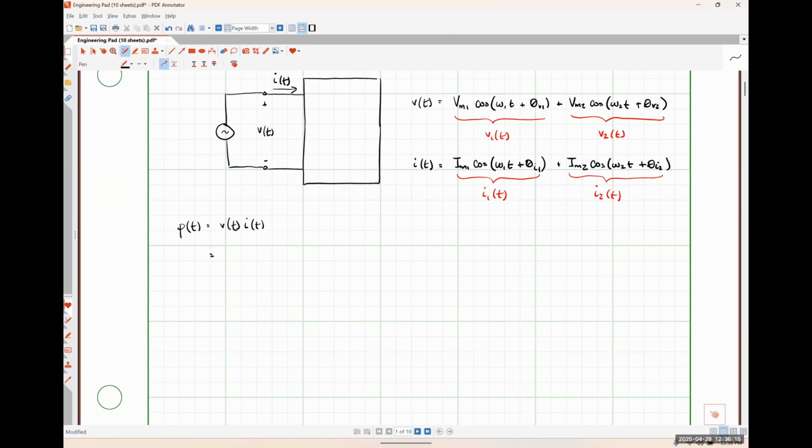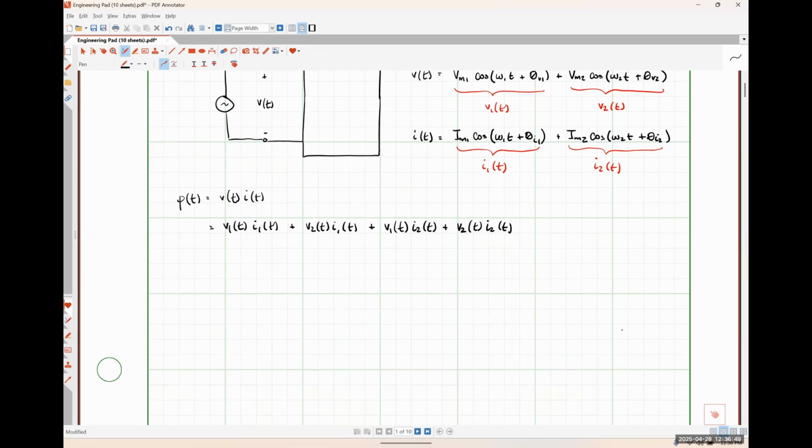So we'll have v1 times i1, plus v2 times i1, plus v1 times i2, plus v2 times i2. And now I'm going to suffer through expanding all of this out, okay?